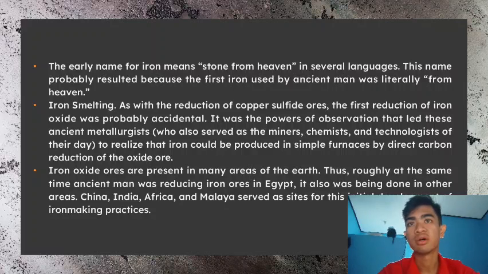Unlike the reduction of copper sulfide ores, full smelting of iron was not practical because a higher temperature and more carefully controlled environment is needed. Smelting of iron oxide requires carbon monoxide to react with the iron oxide to produce iron and carbon dioxide. Iron smelting, therefore, must use carbon in the form of charcoal or coke.